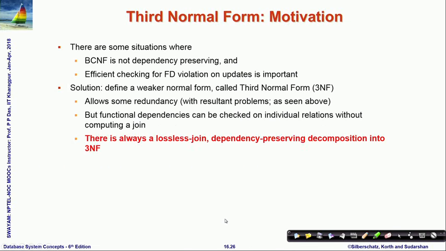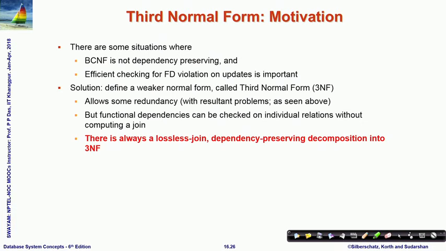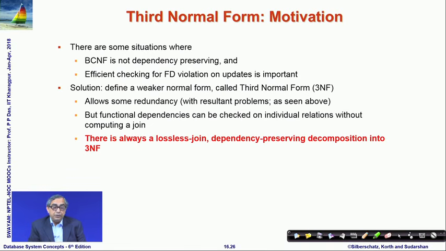The basic question is, can I always decompose a schema into third normal form? The answer is yes, you can, and there is always a lossless join and dependency preserving decomposition into third normal form, which is of great value, because we said these are desirable properties of our decomposition.